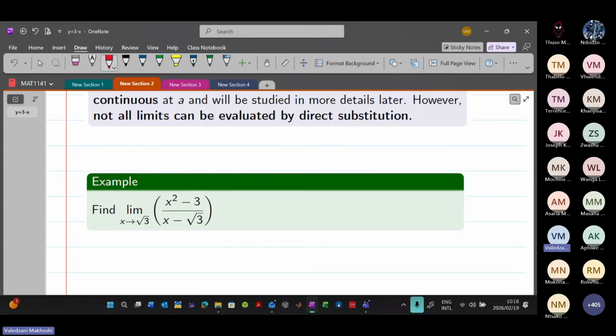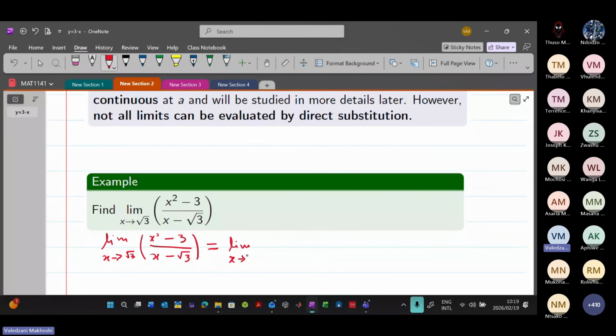As a solution, we can say that the limit of our function x squared minus 3 over x minus square root of 3 when x is approaching square root of 3. There are many ways of dealing with this. The first one is we can factorize.